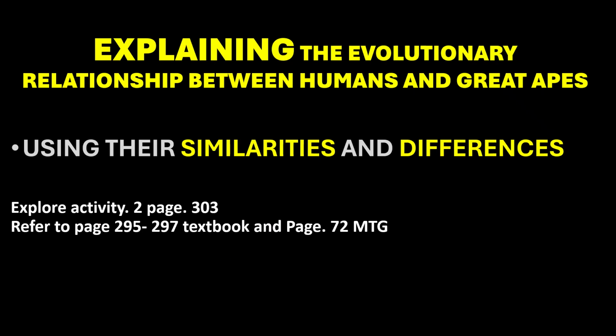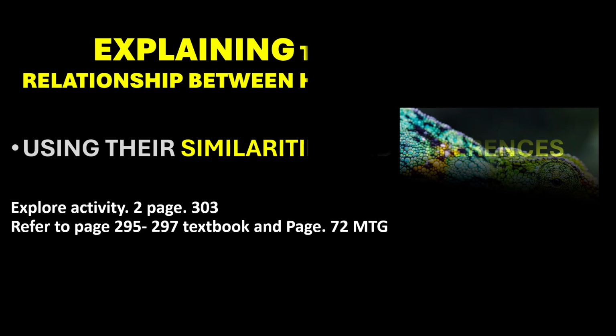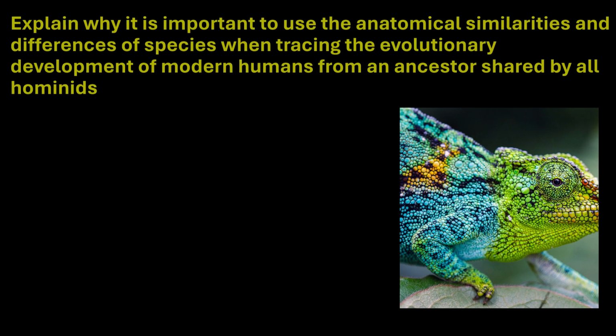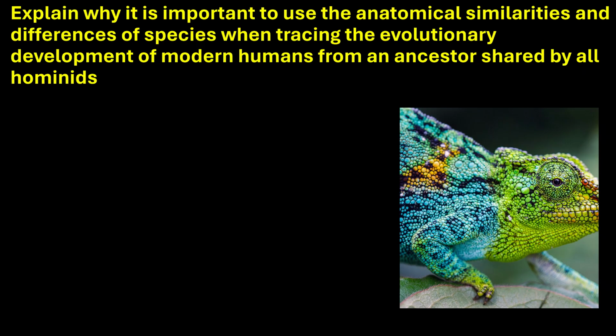All right, so we go on to the next phase. Over here, what do we have? There are some basic questions. Why is it important to use the anatomical similarities and differences? In evolution, the differences and the similarities are commonly used. And the question is, why? Why are those things being used?